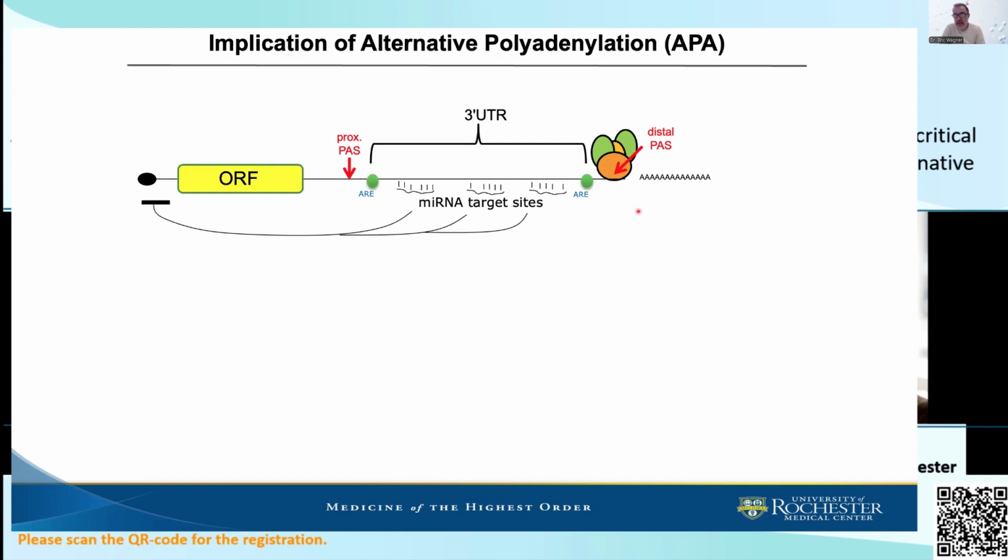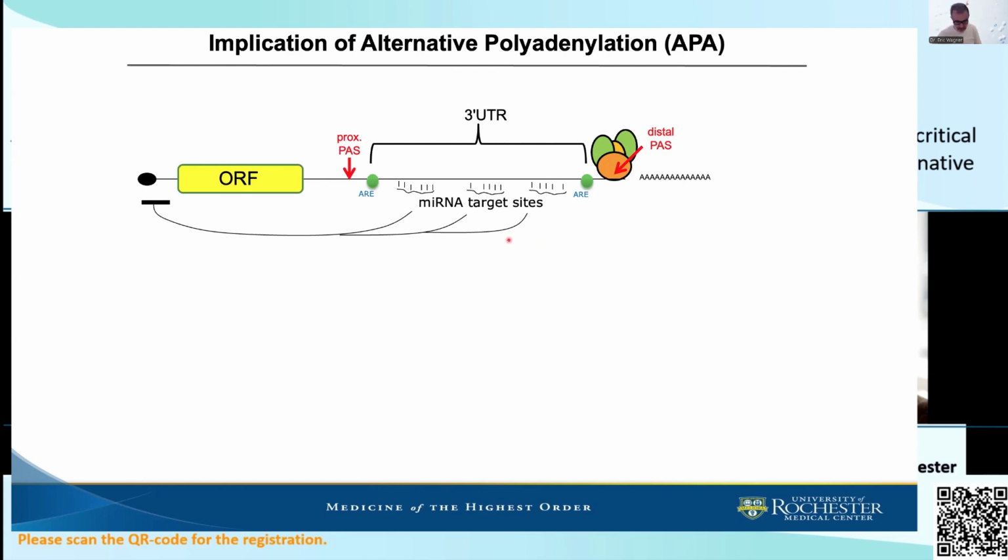This would create an mRNA with a lengthened 3' UTR that would basically give the cells maximum control. And that control is elicited through, for example, microRNAs that could target the 3' UTR, and of course RNA binding proteins. And altogether, this would keep mRNAs in check so they wouldn't be overly stable or translate to overly high levels.